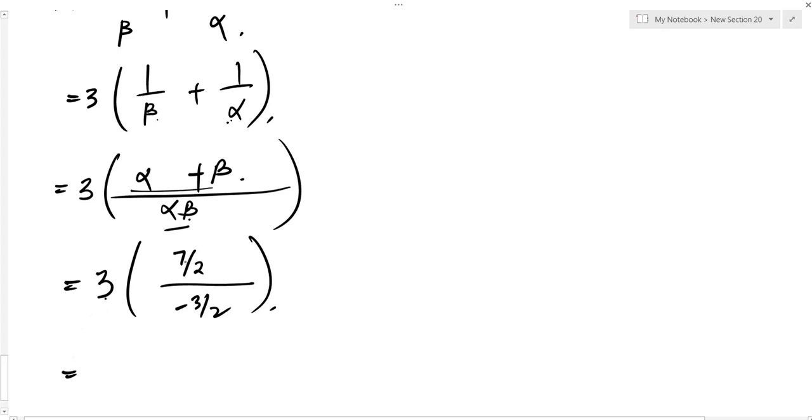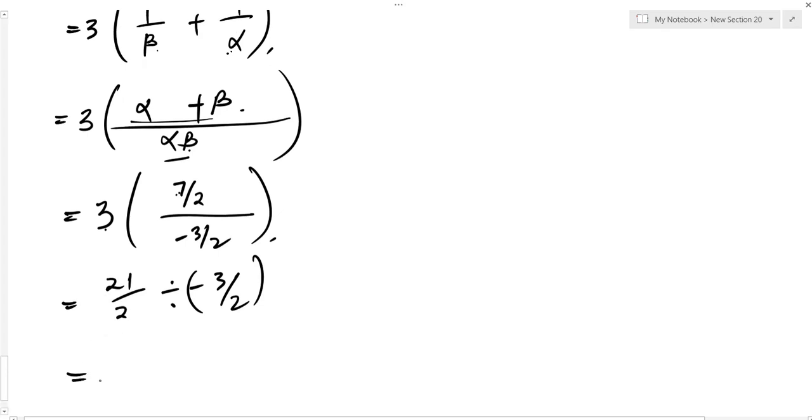Now 3 times 7 over 2 will give you 21 all over 2 divided by minus 3 over 2. Now you now say 21 all over 2. If you want to change this division to times, you now have to invert. You have to now write the inverse of this fraction, which is minus 2 over 3.